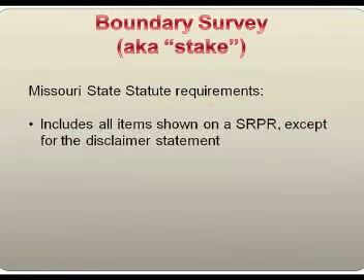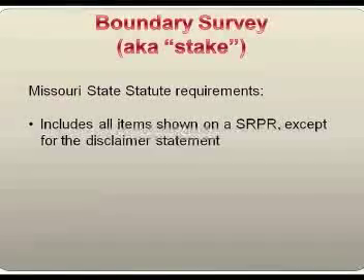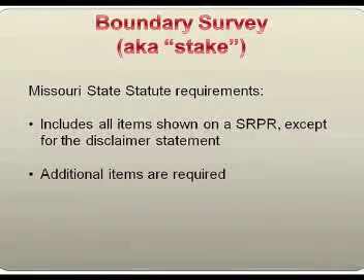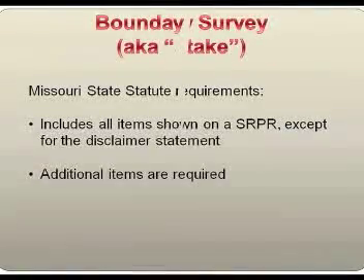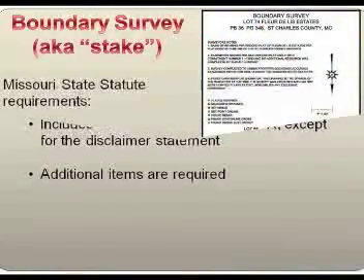So on the boundary survey, boundary survey requirements are much more intense than what the spot is. So we are going to show everything that we do on the spot, except we're going to do it on steroids, which means that there's going to be a whole bunch of additional items that we're going to have to do.